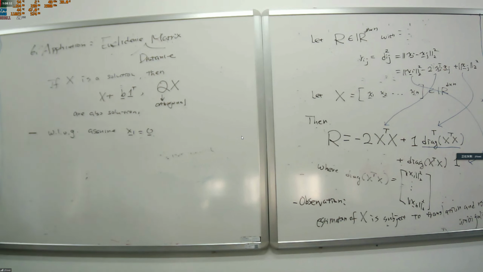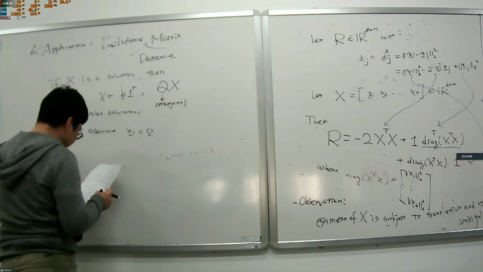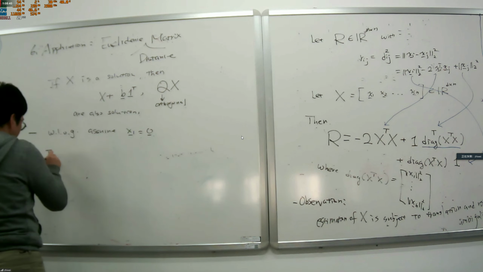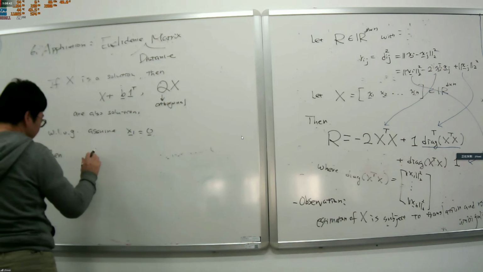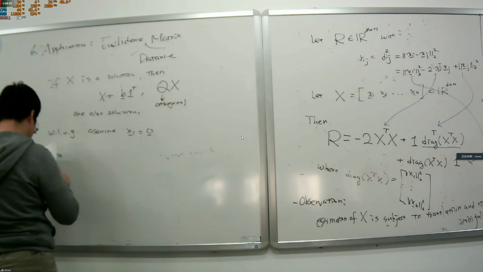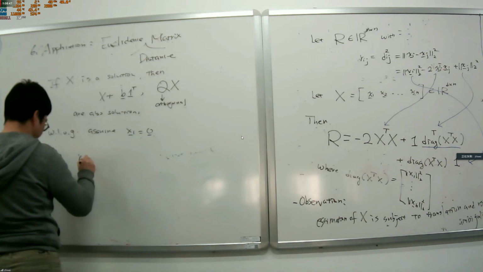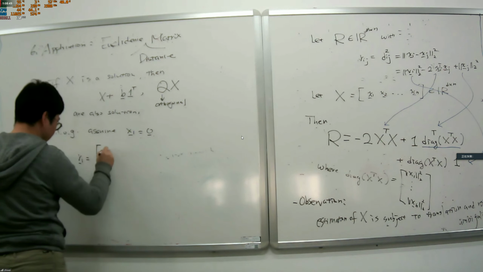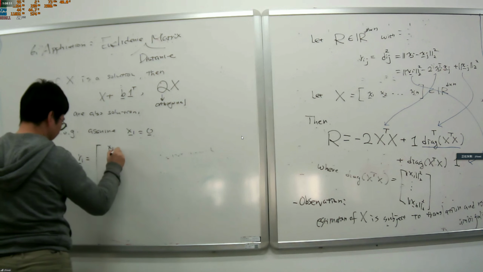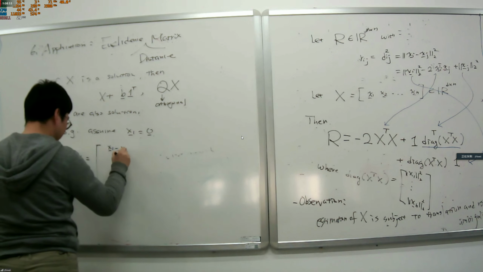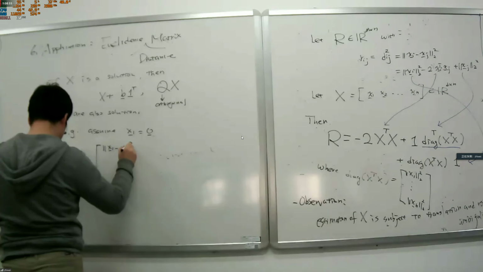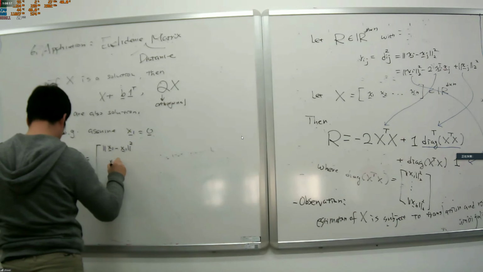So x1 is at 0. Then the distance between the first node and the others, we call it R1. So R1 involves x1 minus x1, x2 minus x1.